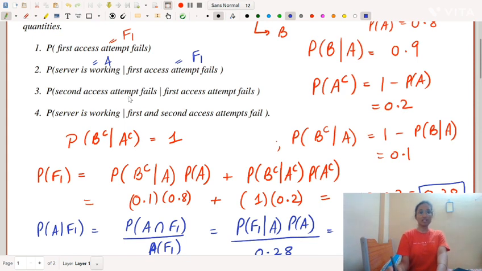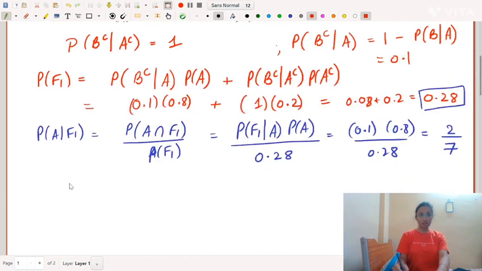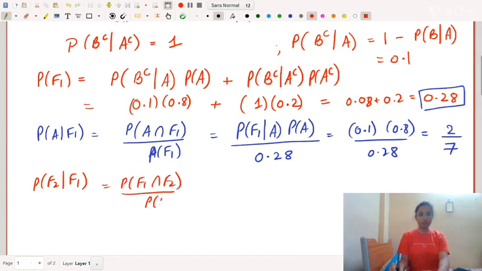Now, the second access attempt fails given the first access attempt fails. So let it be F2 and F1. Probability of F2 given F1 is probability of F1 intersection F2 over probability of F1. Probability of F1 we know, but we have to calculate this probability.